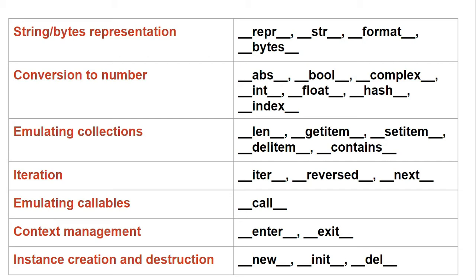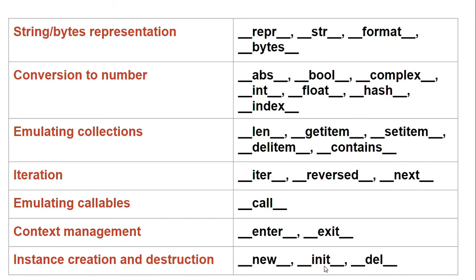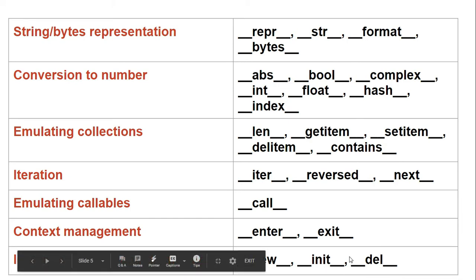For instance creation and destruction, when an instance is created and initialized, the __new__ and __init__ methods are called. When you delete an object, the __del__ method is called.